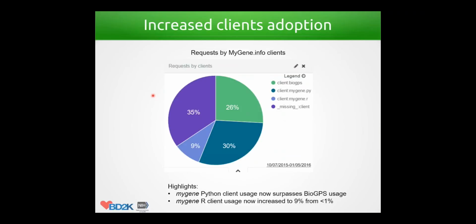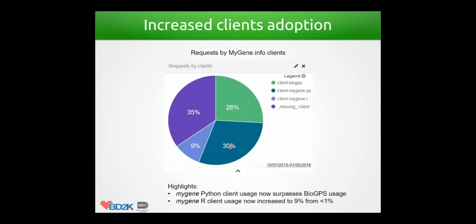We also observed increased client adoption. For both MyGene.info and MyVariant.info, we have a Python client and an R client. They provide useful and convenient functions for users of our web services. From the October to December 2015 usage, we can see the MyGene Python client usage now surpasses BioGPS usage. 26% of the traffic is from our own application BioGPS, and 30% is from the MyGene Python client.